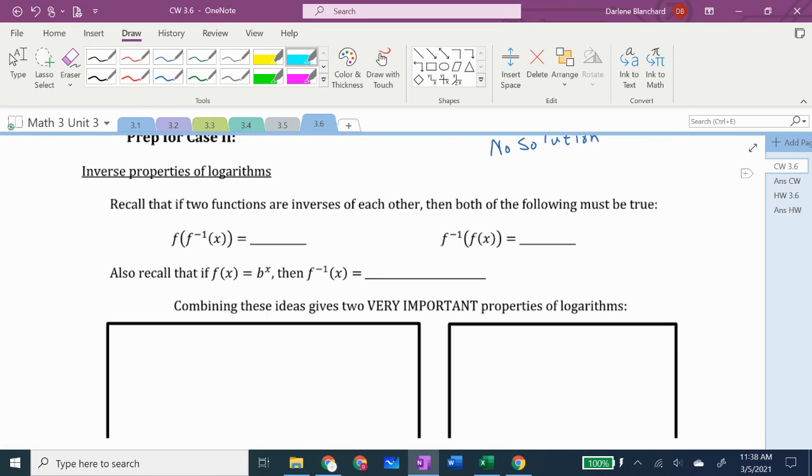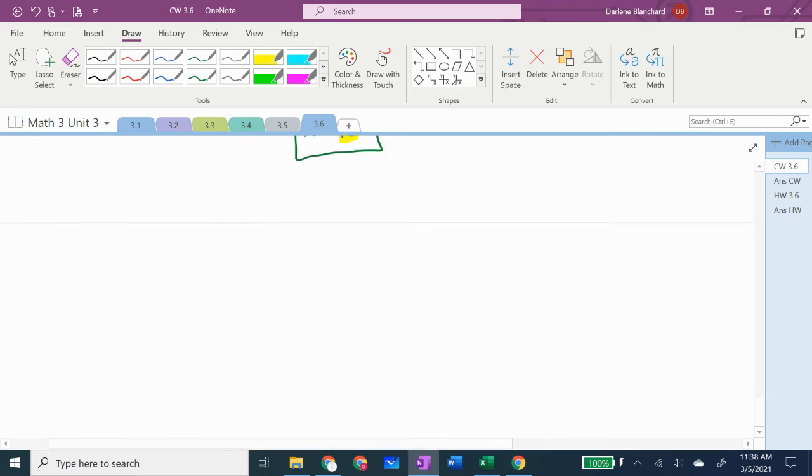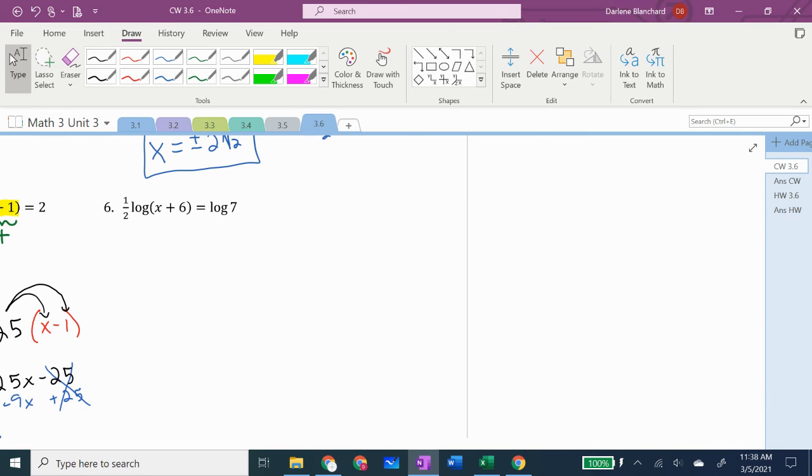So with the example we are on, I have a multiplication by 1/2 outside the logarithm. That means it is not condensed.